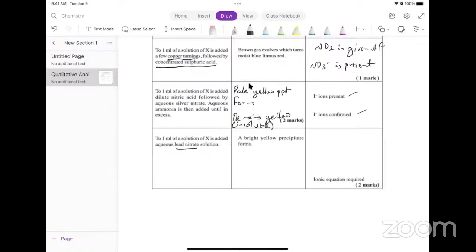You're just going to confirm again that it is, I'm sorry, iodide ions that are here again. But this time it's just to write the equation.